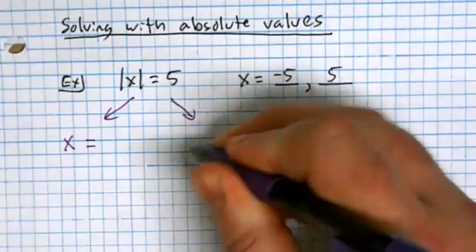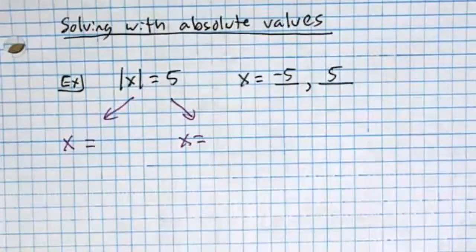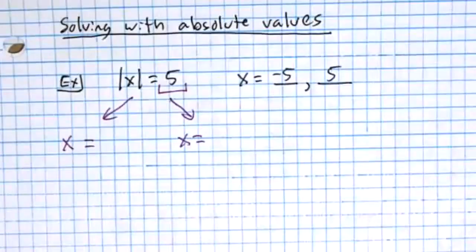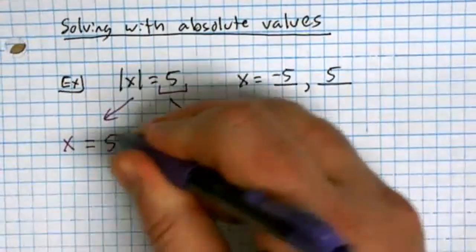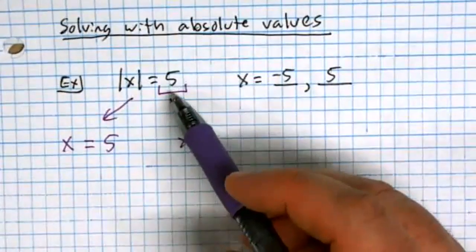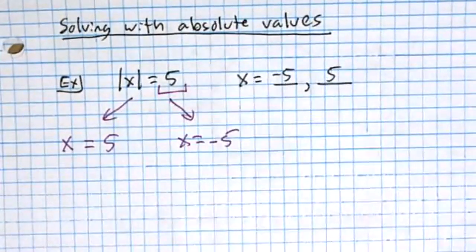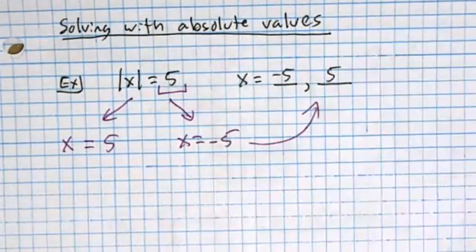So both of my equations are going to have x equals in them. The thing that changes is the number on the other side of the equal sign. One version of our equation gets that number, and one version gets the opposite of that number. What's the opposite of +5? -5. And then we would solve those two equations, which are already both solved, and that gives us our answer.